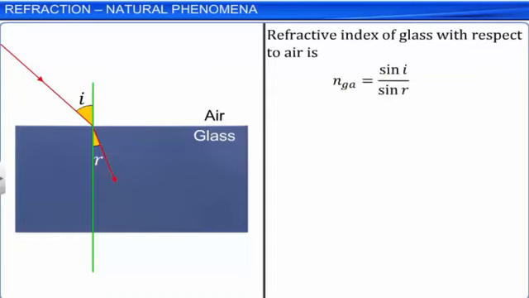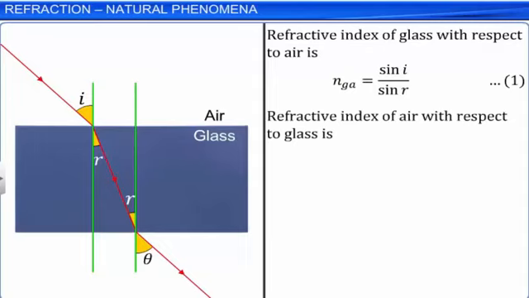The refracted ray is then incident on the glass-air interface and refracts to air. For glass-to-air refraction, the angle of incidence is equal to r. Let the angle of refraction be theta. If the refractive index of air with respect to glass is nag, then, according to Snell's law, nag is equal to sin r by sin theta.